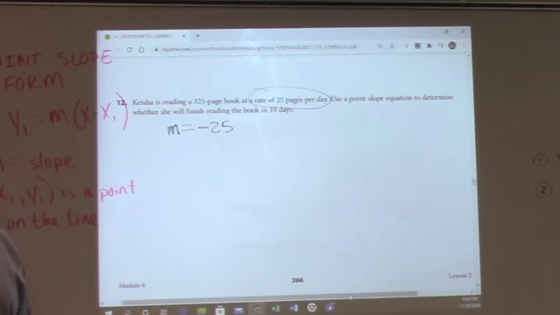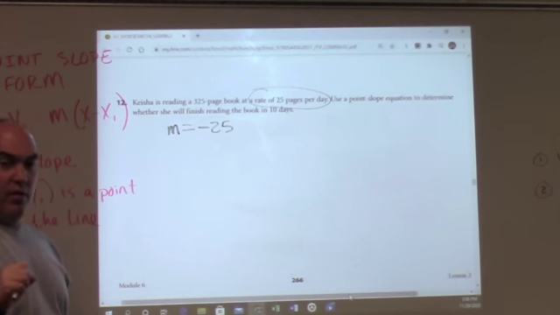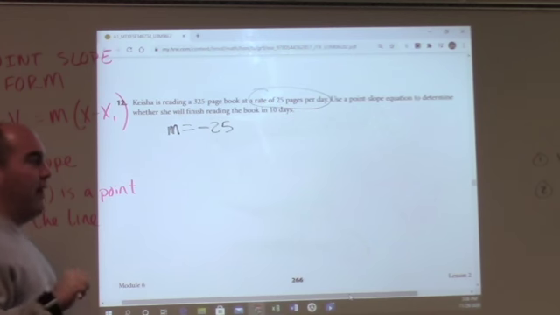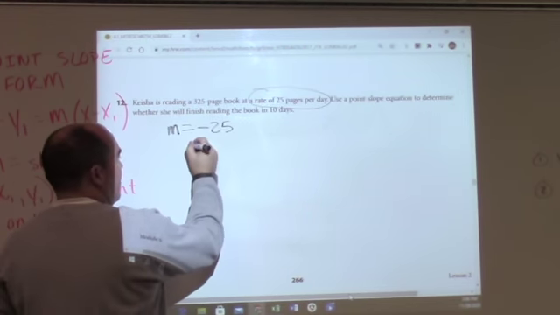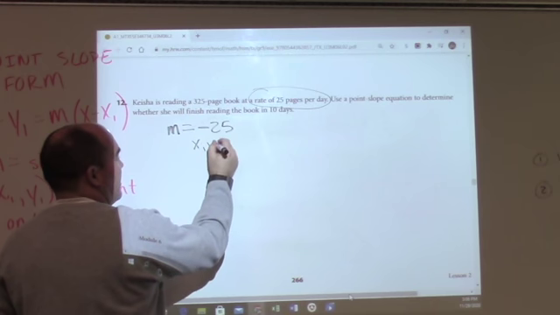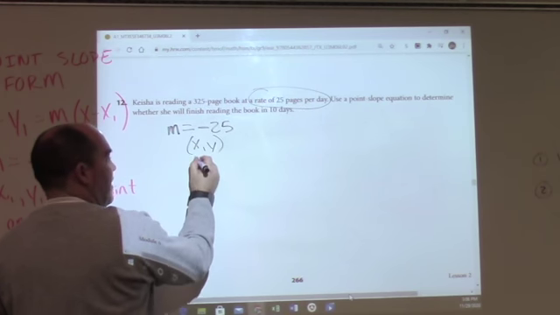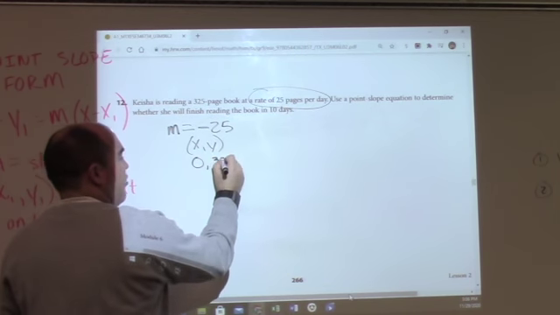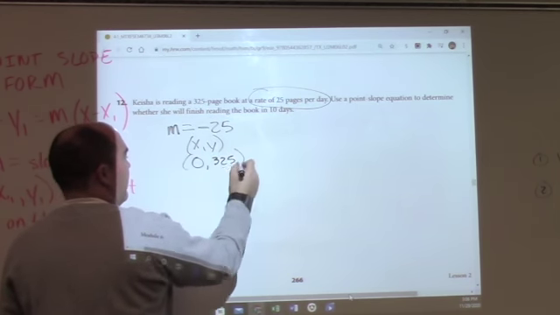So if Keisha's reading a 325 page book, at day zero, that means she hasn't read anything. She's starting a 325 page book. So my point, my x and my y, is day 0 is my x, and I have 325 pages left to read.